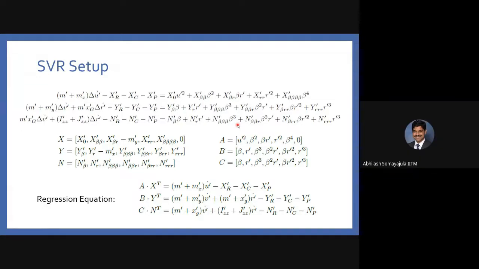Then it is very hard to argue that I can get that third order coefficient unless I perform a maneuver in which beta is really large, where beta cube is significantly larger than beta, such that the contribution due to the whole term y beta beta beta times beta cube is more than the contribution due to y beta times beta. If a maneuver can be achieved in such a manner, then I can predict that coefficient more precisely.